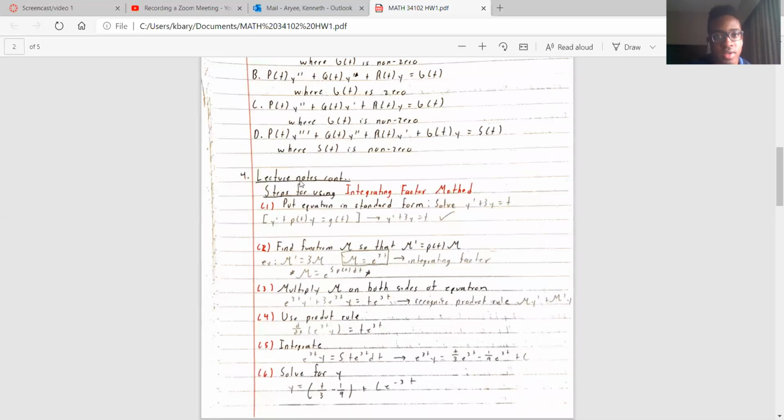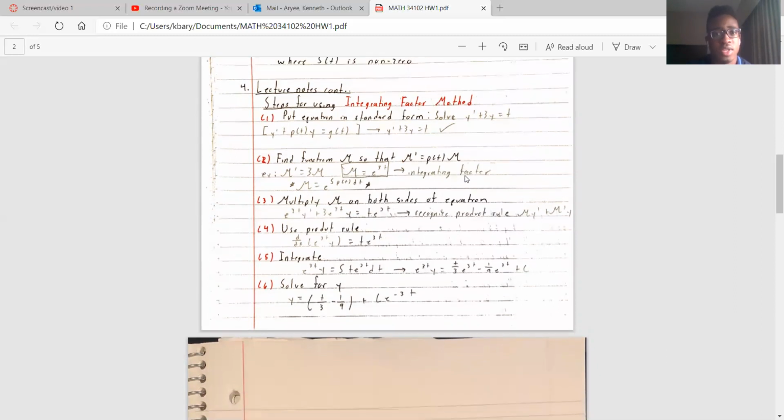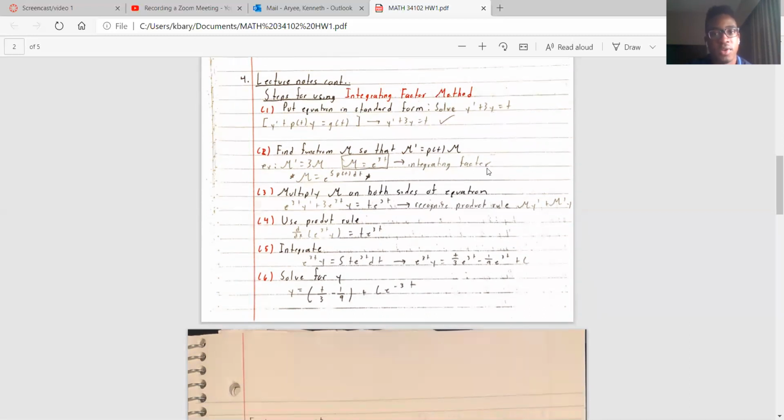And going down to explain the integrating factor method. Pretty much the first thing you want to do is put the equation into standard form. And then once the equation is in standard form, you want to find mu, which is your integrating factor. The equation to find mu is e to the integral of p(t) dt, and p(t) is the function multiplying the y in standard form.